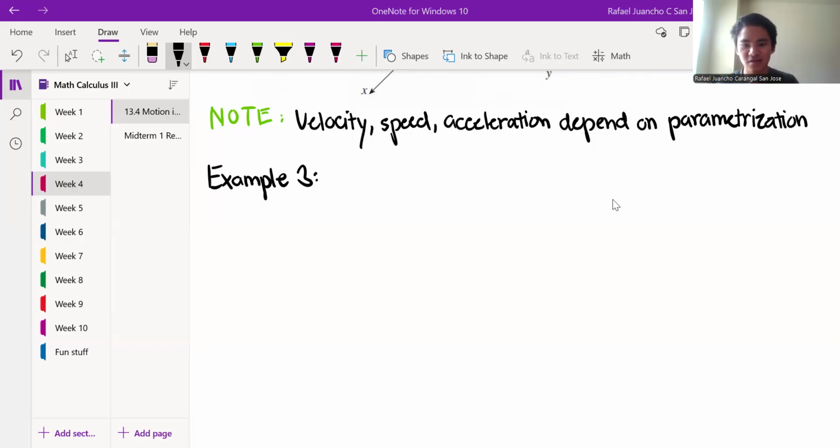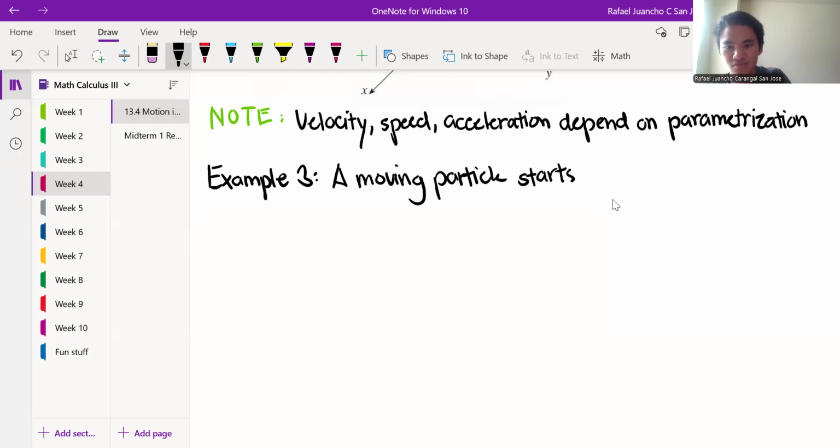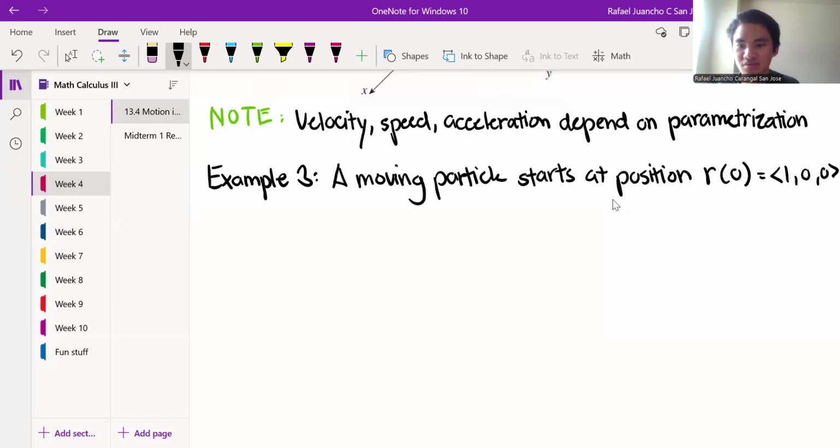So here again, we have a moving particle. This moving particle starts at position r of 0. So at time 0, it starts at r of 0, and it has xyz components.